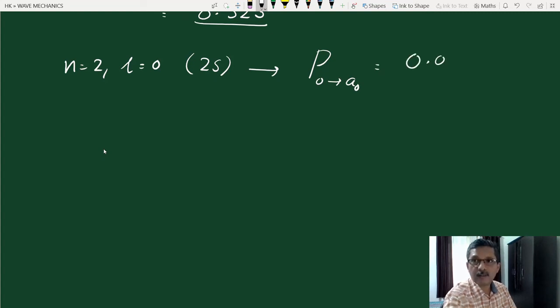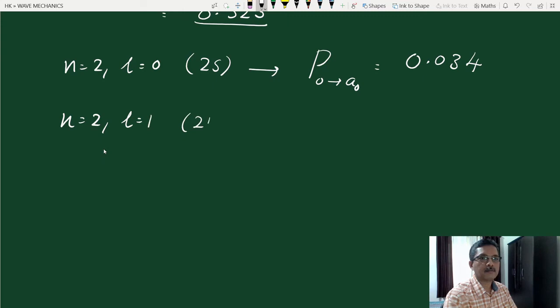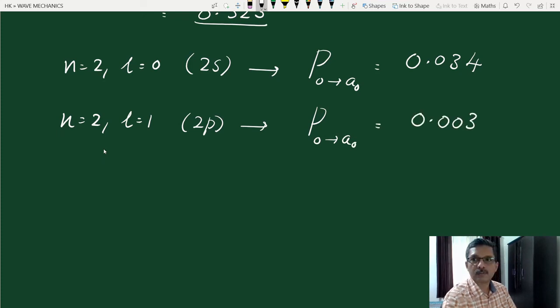You can try that. 0.034. Okay, it decreases, and when you go to 2p state, this probability for the electron to be found between 0 and A0 is 0.0037. Okay, this is 10 times smaller.